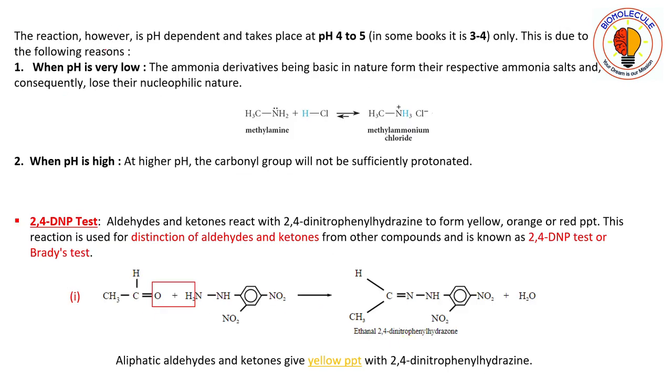Now the reaction is pH dependent and takes place at pH 4 to 5. In some books it is written 3 to 4. So why do you have to maintain a certain pH? This one is also very important for your entrance exams. Questions come over this.